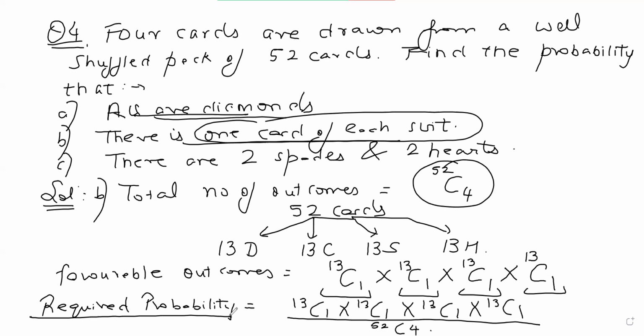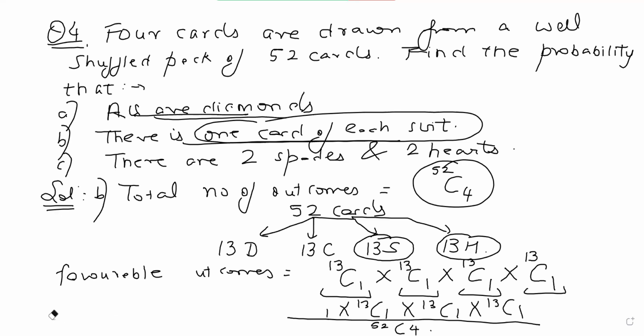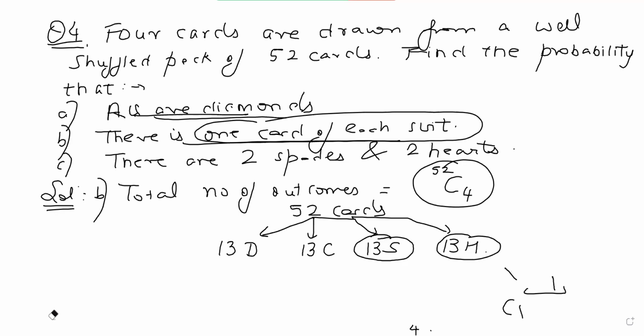And now part C, there are 2 spades and 2 hearts. Now I need 2 spades out of 13 spades and 2 hearts out of 13 hearts. My total number of outcomes is still 52C4. What are my favorable outcomes for part C?